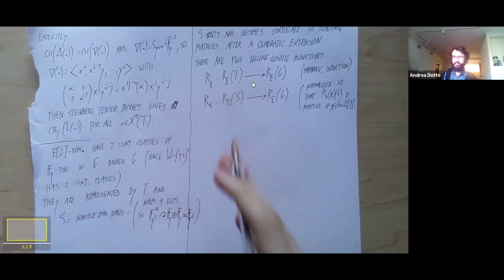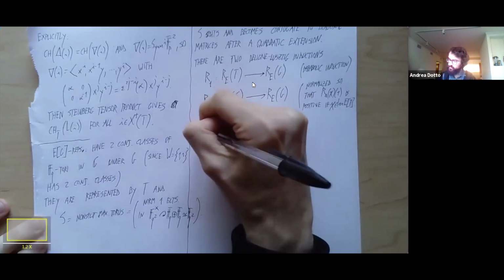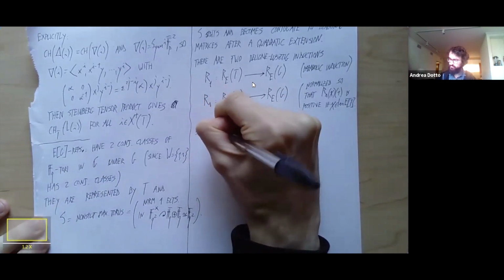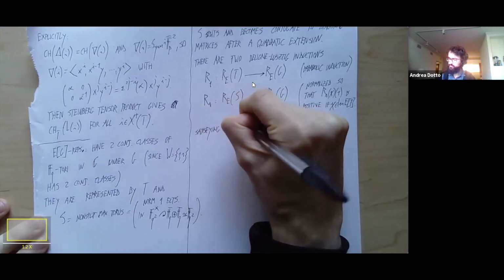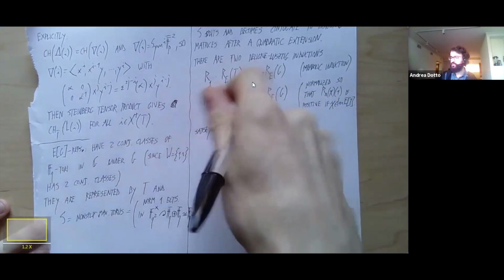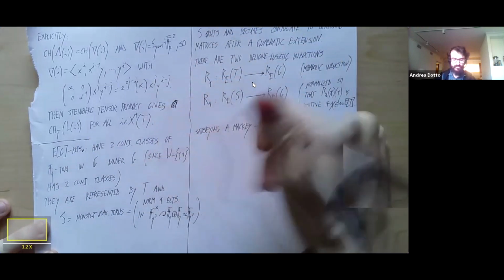And these have many properties, and the one that is going to be important for us is that there is a Mackey type formula. This essentially gives you the value of the inner product of two inductions in terms of the inner products of the characters you are inducing.